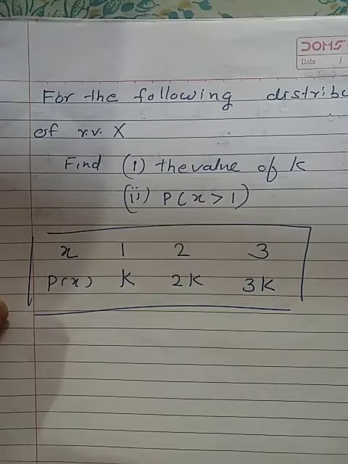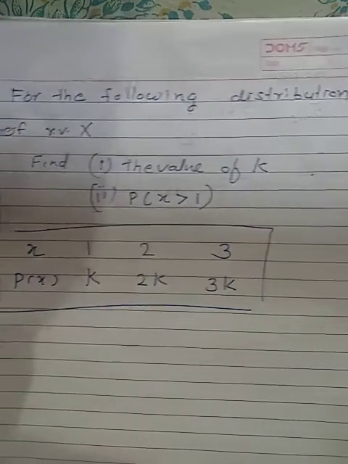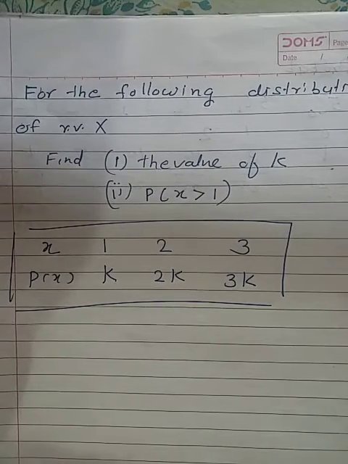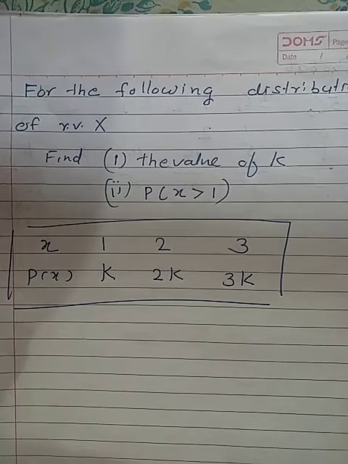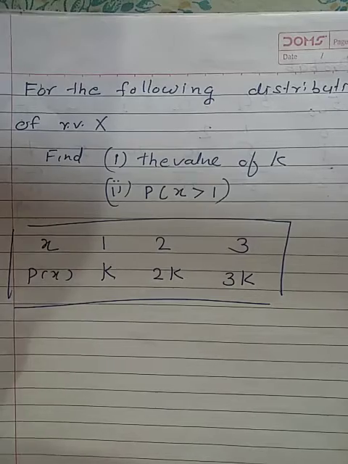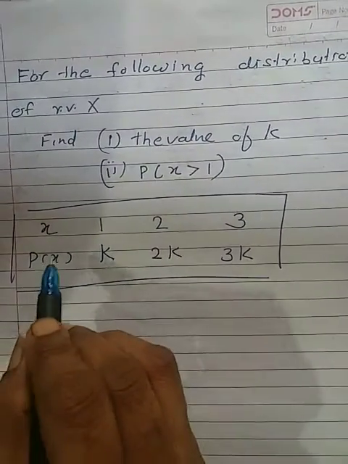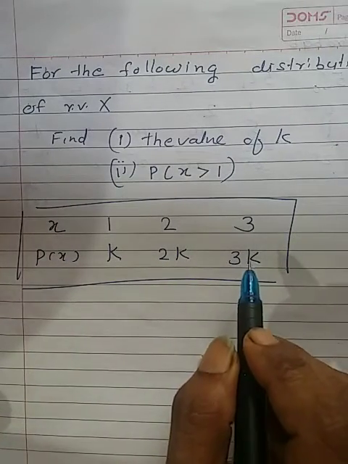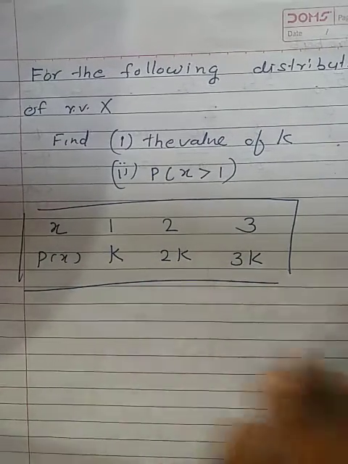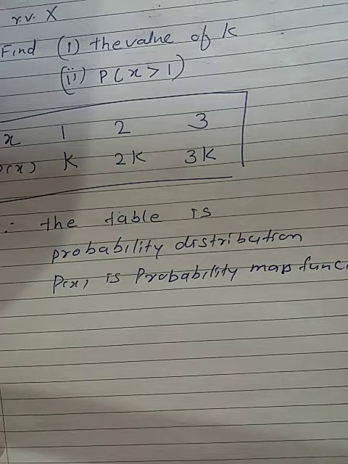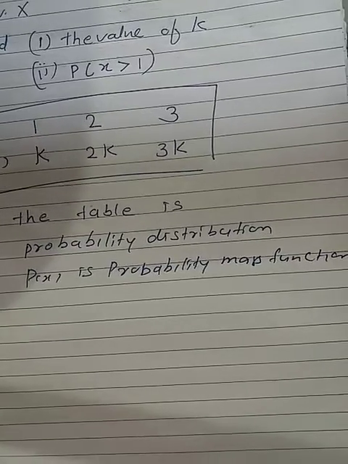For the following probability distribution of random variable x, first question, find the value of k. Second question, find probability of x greater than 1. So here a probability distribution is given. Therefore P of x is probability mass function.